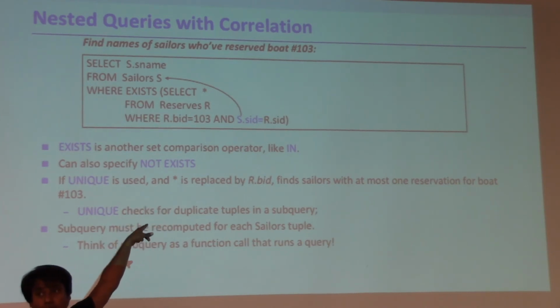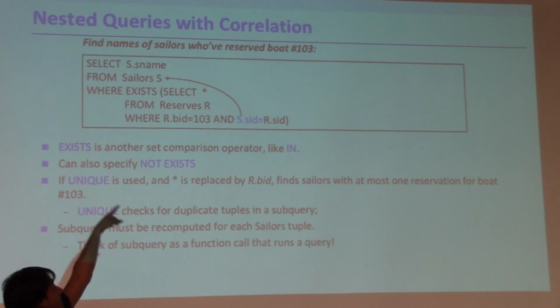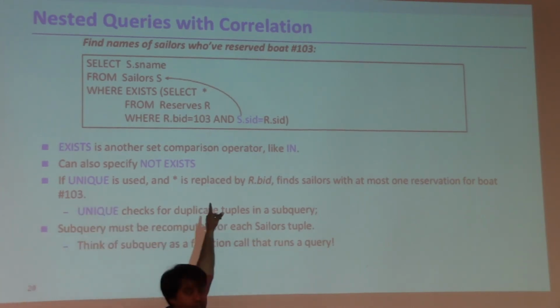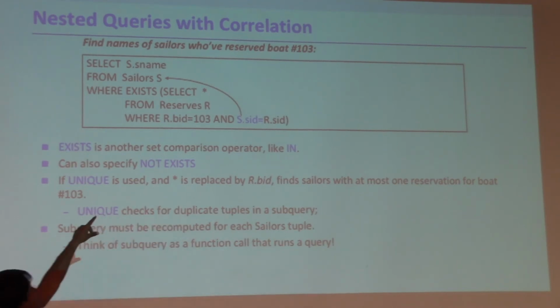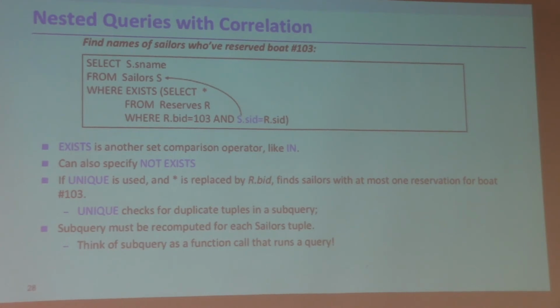This part is dynamic based on the sid in the first part. It matches them, and if the set is not null, meaning something is there, then it outputs. So these two parts are not independent, they are dependent.